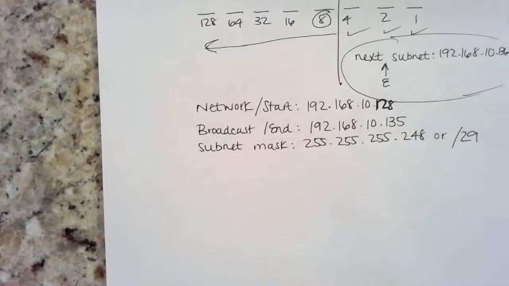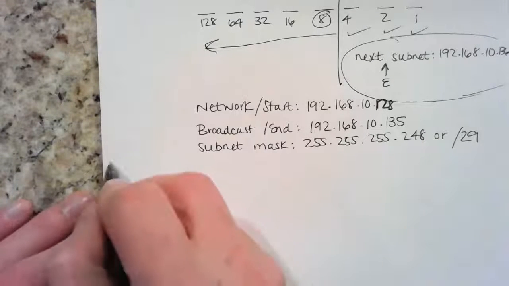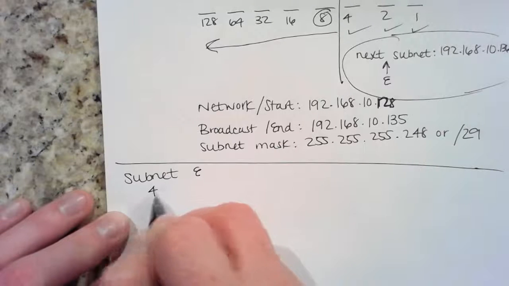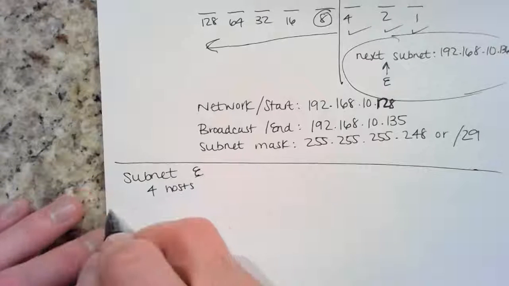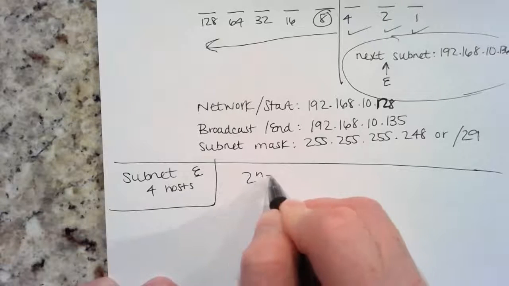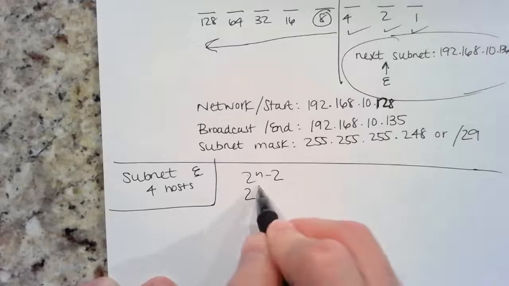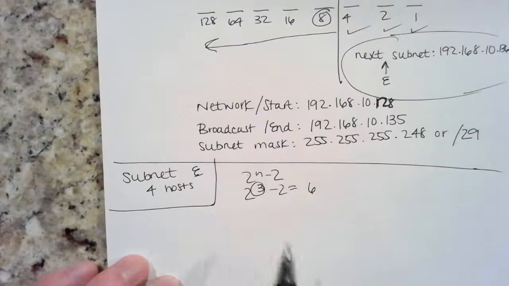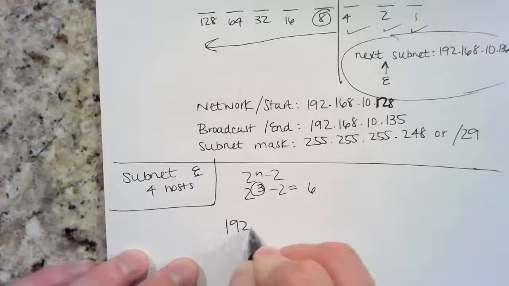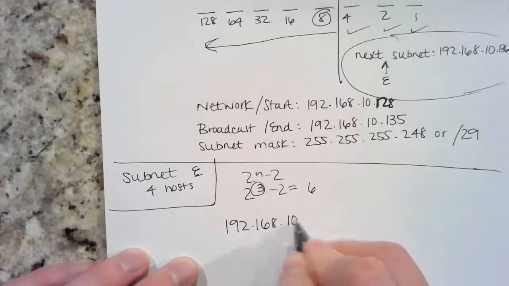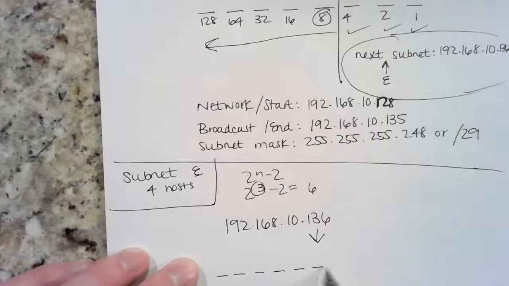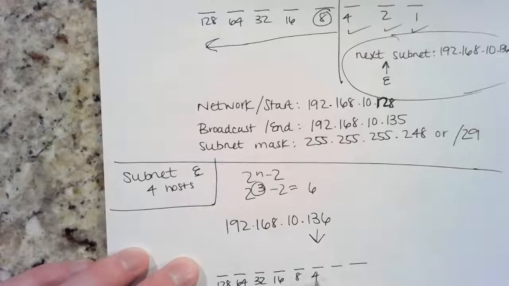And it shouldn't be too different for us because we already have a lot of the information, like the 4 hosts, how many we're borrowing, etc., is going to be the same. So 2 to the n minus 2, we should be borrowing the same, which was 3, equals 6. Okay, so that's just greater than 4. So our address for this start, dot 136, okay, 128, 64, 32, 16, 8, 4, 2, 1.